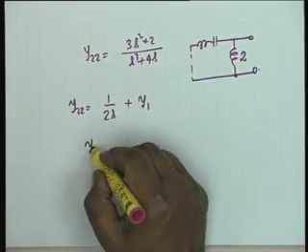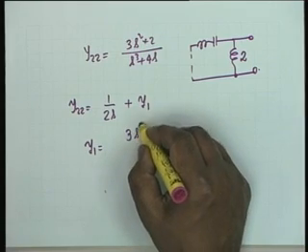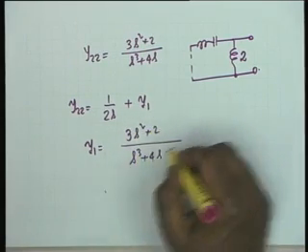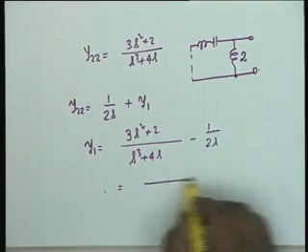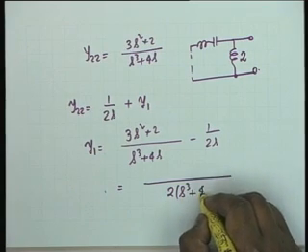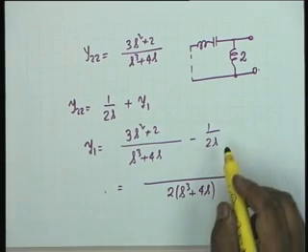Let's see what y1 is. y1 equal to (3s square plus 2) divided by (s cubed plus 4s) minus 1 over 2s, which is equal to 2 over s cube plus 4s.